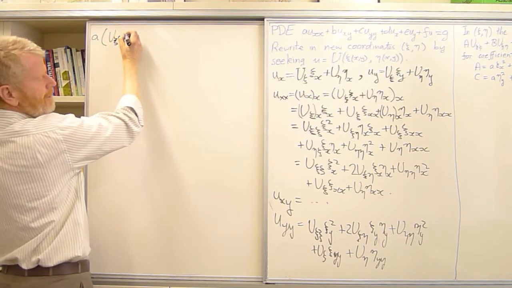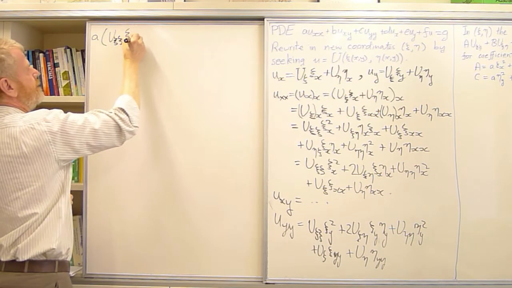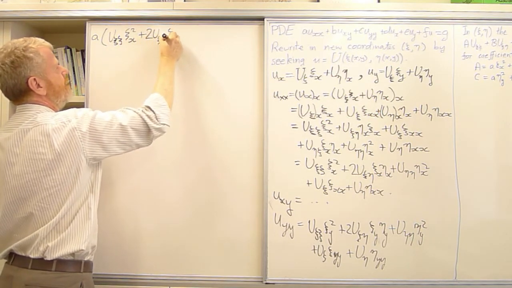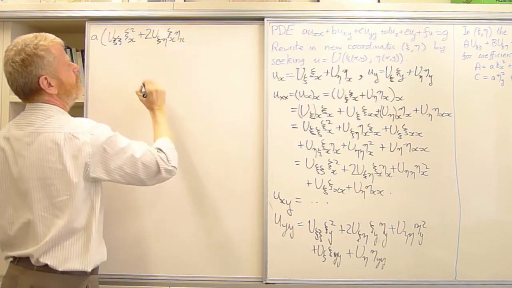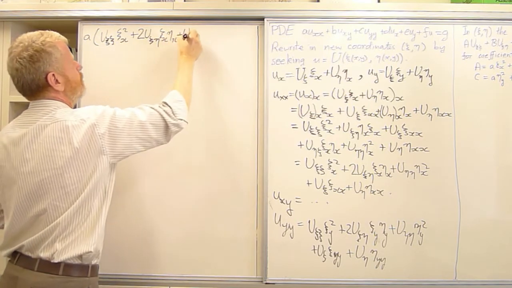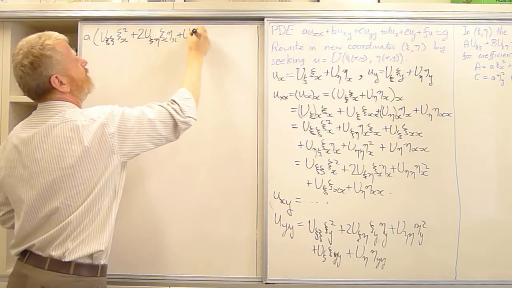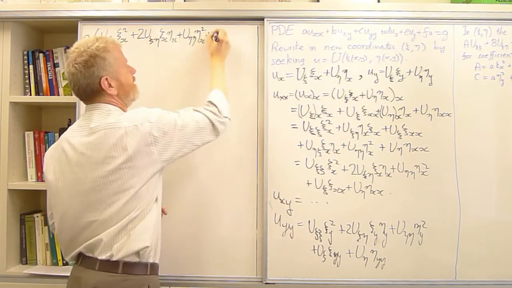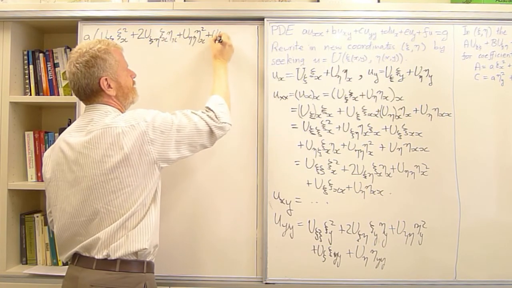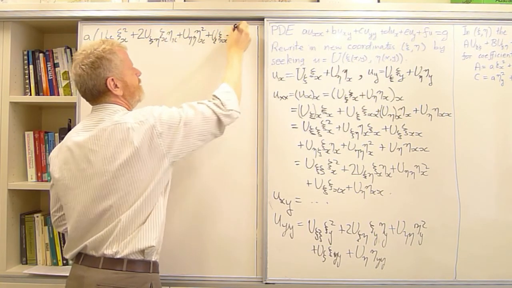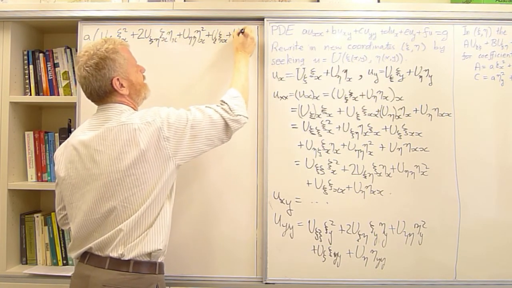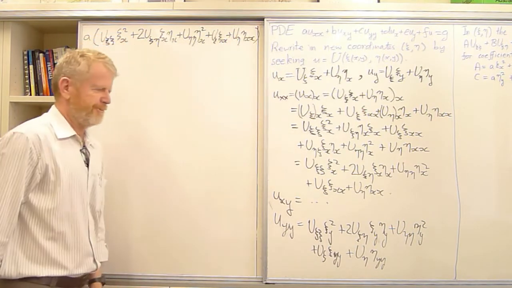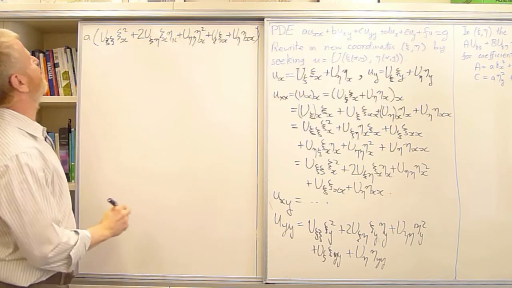A times u psi psi x squared plus 2u psi eta psi x eta x plus u eta eta x squared, and I'm trying to squeeze it onto one line. Plus u psi psi xx plus u eta eta xx. I did that one all right. Don't know about the next term.